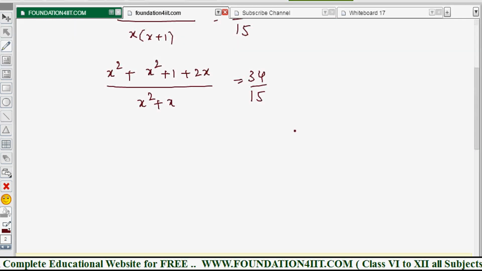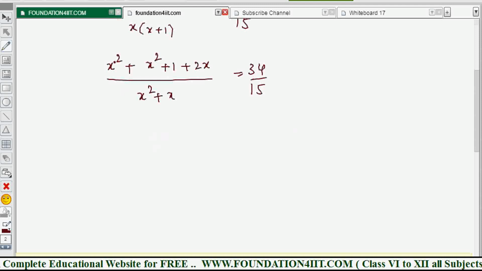We'll simplify the left side again, then we can do cross multiplication. x square plus x square, that is 2x square plus 2x plus 1, written in order, divided by x square plus x, is equal to 34 by 15.